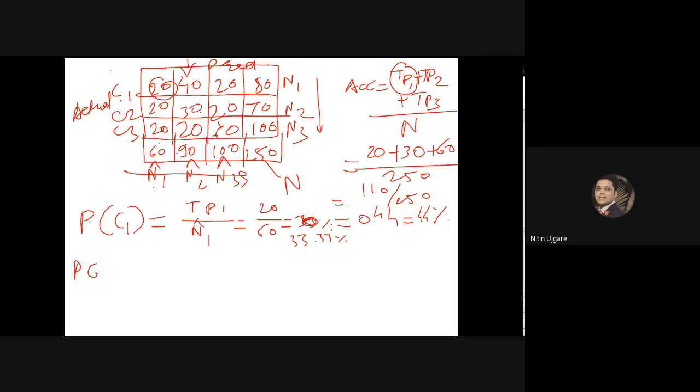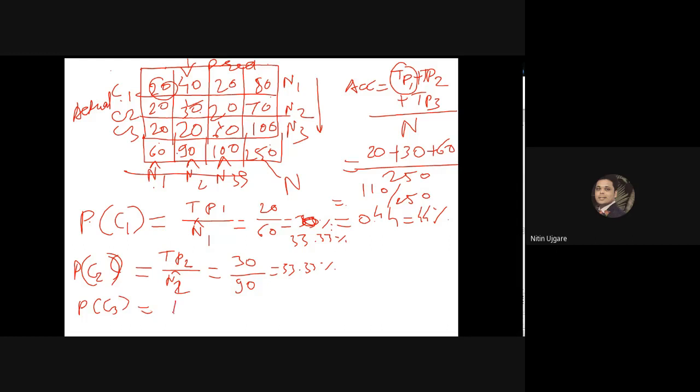In the same way we will calculate the precision for class 2, which is TP2 divided by N2 cap. TP2 is 30, divided by N2 cap which is 90. Again, I get 33.33% as the precision for class 2.